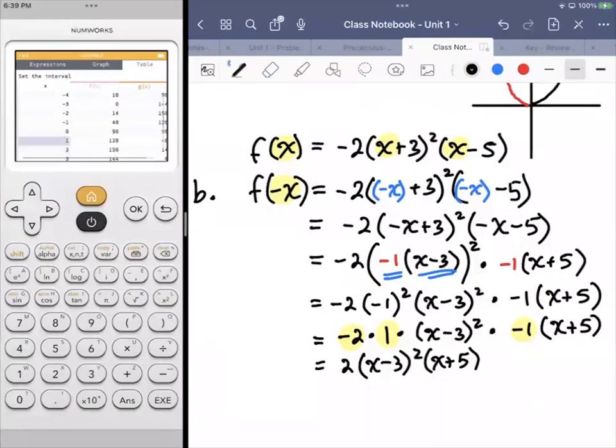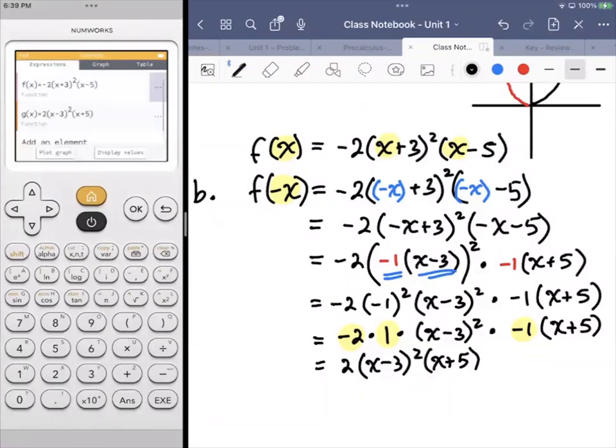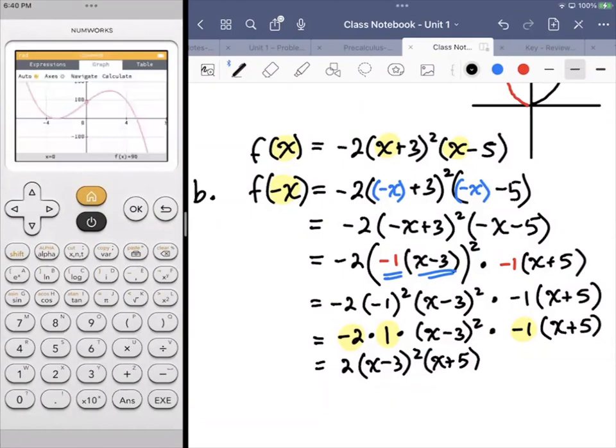But like I said before, you could just look at the original function. If you're going to do it by the graph, let's see if I remember how to turn these things off. Yeah, okay. You could look at this graph here and say, does it look like it's symmetric through the origin?